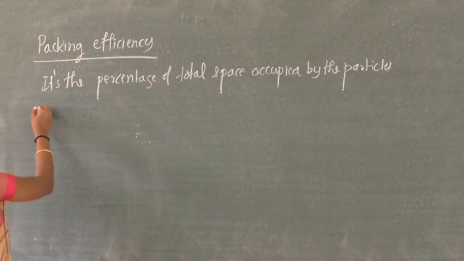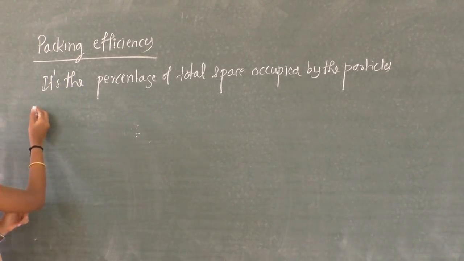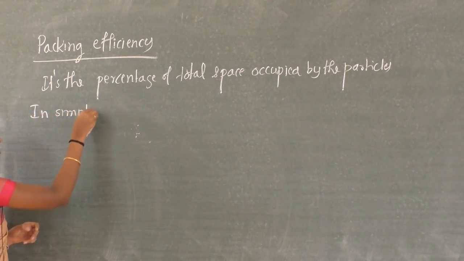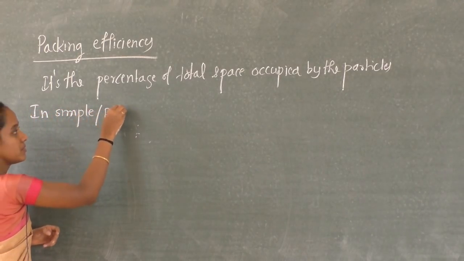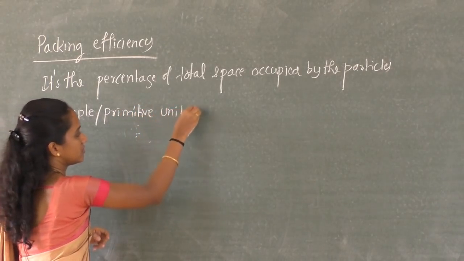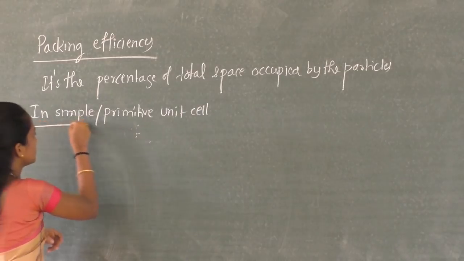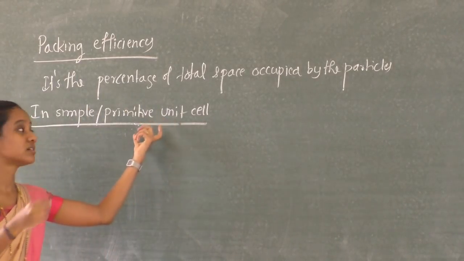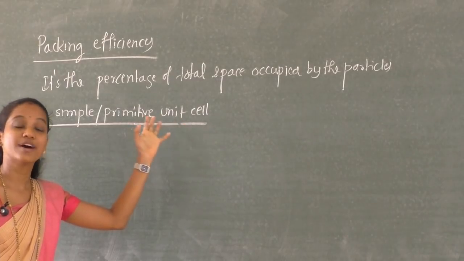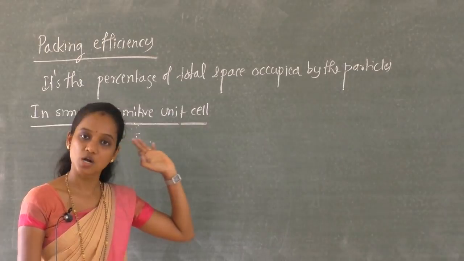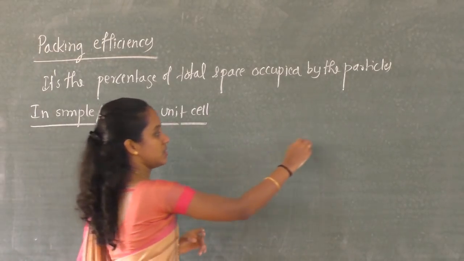Now let us consider the packing efficiency in simple or primitive unit cell. So what is a simple or primitive unit cell? It is a type of unit cell where the constituent particles are present only at the corner positions.